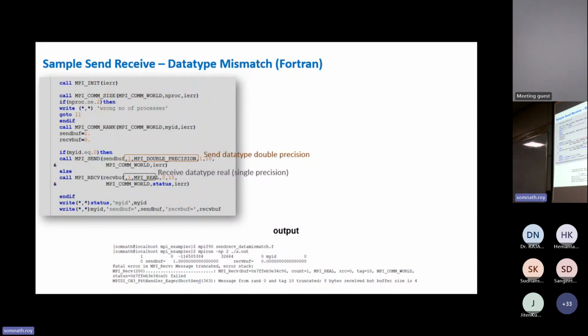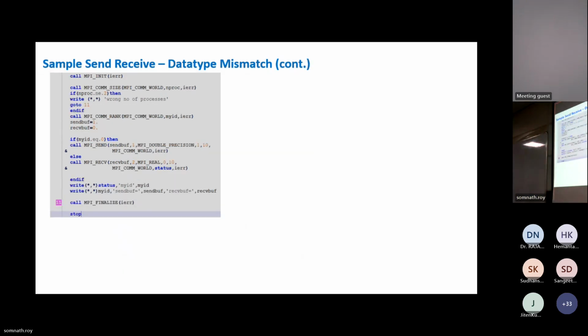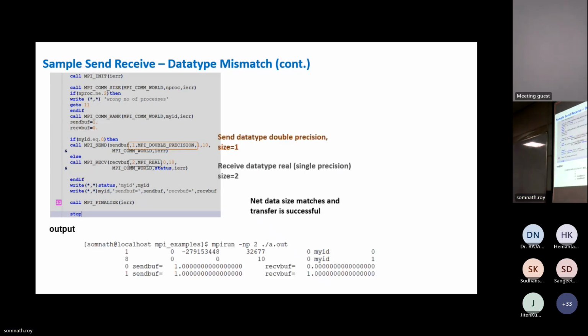If you send a float or double precision and try to receive it as an integer, the same thing will happen. Sending size and receiving size will not be the same. But if I send a double precision data and try to receive it as two single precision real variables, this will execute because the sizes are the same.